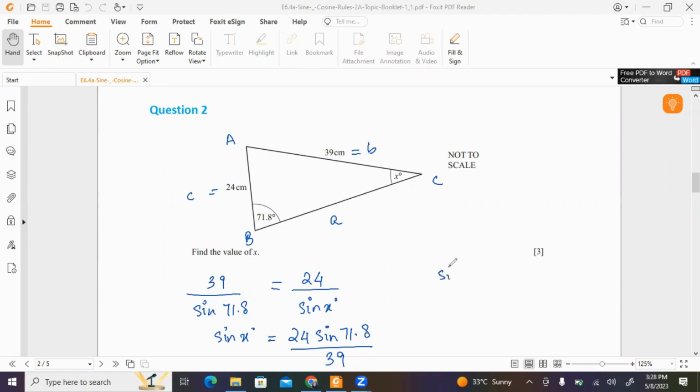That's going to be sine of x equals 0.58459. We take the inverse of this. Always remember, whenever we're trying to find the value of an angle, we take the inverse of the trig ratio that we're using. So sine inverse of 0.58459 is 35.77 degrees. That is your answer.